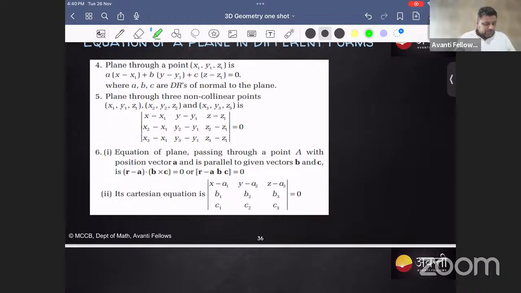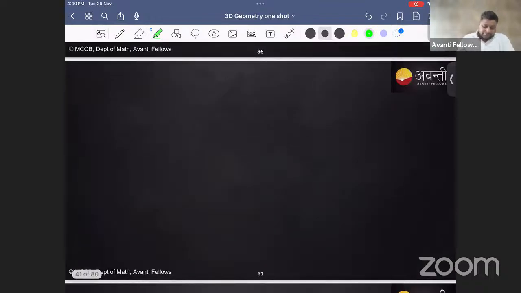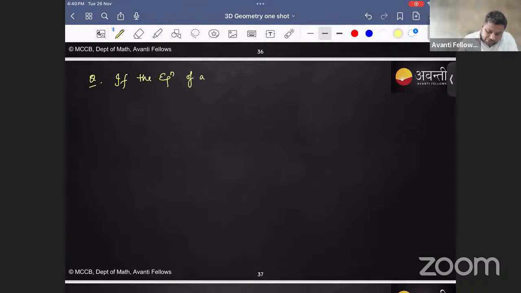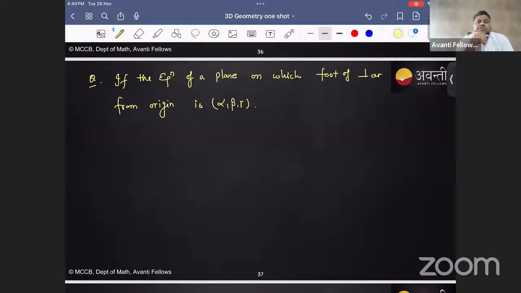Now, let's do an equation. Find the equation of a plane on which the foot of perpendicular from origin is alpha, beta, gamma.